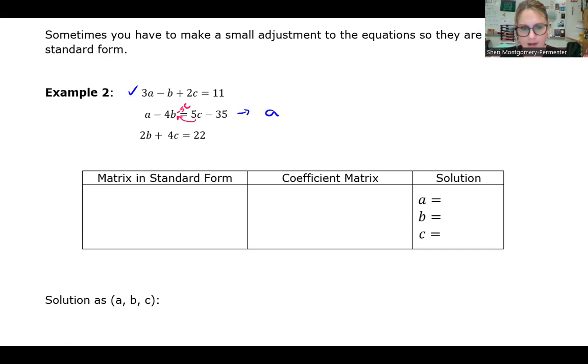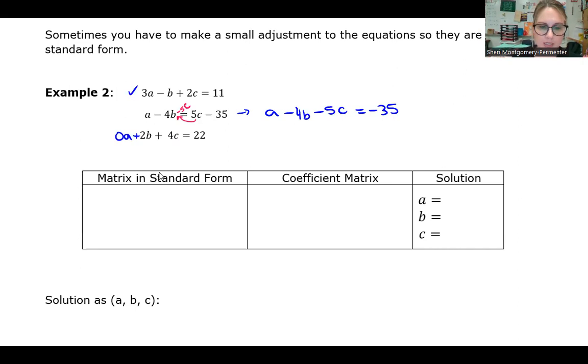So it would be A minus 4B minus 5C equals -35. So that one's good. The last one, we don't have an A term at all. If we don't have A, then how many A's do we have? 0. So we could add that. 0A. So now we can go through and write down our matrix in standard form.